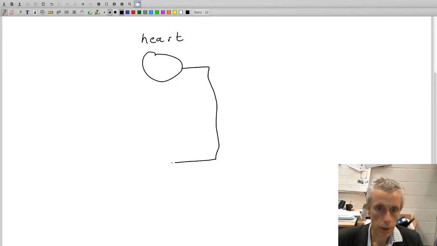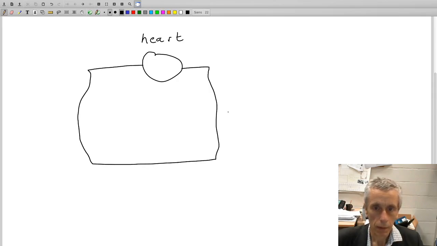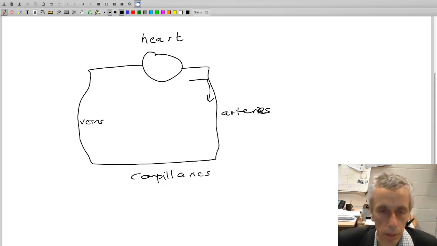Here's our circulatory system consisting just of the arteries, the capillaries, and veins. I know it's actually a double system. I've missed out the lungs, but this is just to illustrate the point.